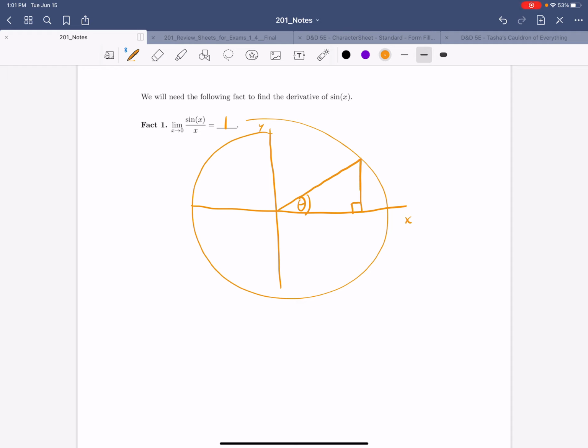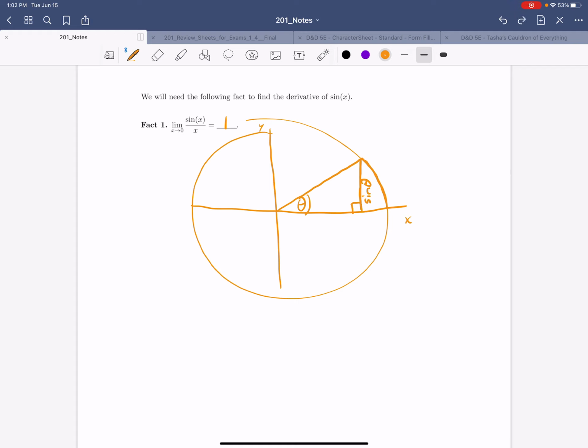Recall that this right here is sine of theta, that distance right there. Also recall that this distance is by definition theta.